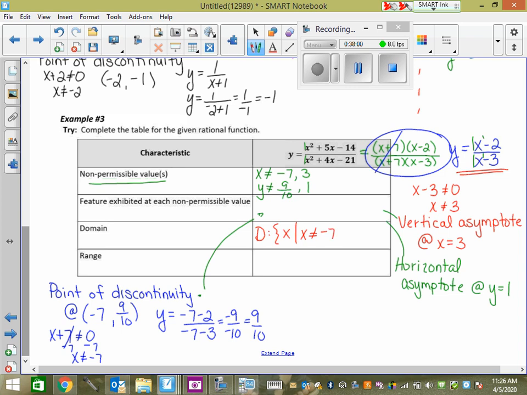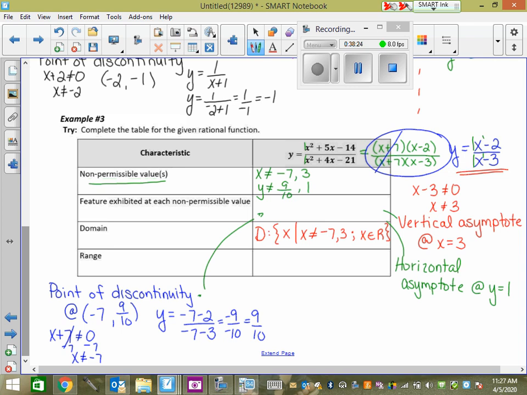X can't equal -7 because that's the x of the point of discontinuity. And x can't equal 3 because that's my vertical asymptote. But x can equal everything else. So we follow behind with but, which is the little squiggle, or as well, x is an element of the reals. So what does that mean? That means x is every value but -7 and 3. That's the easiest way to write it.